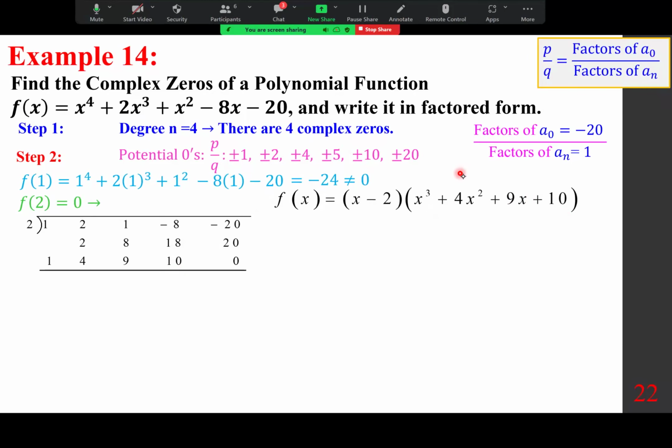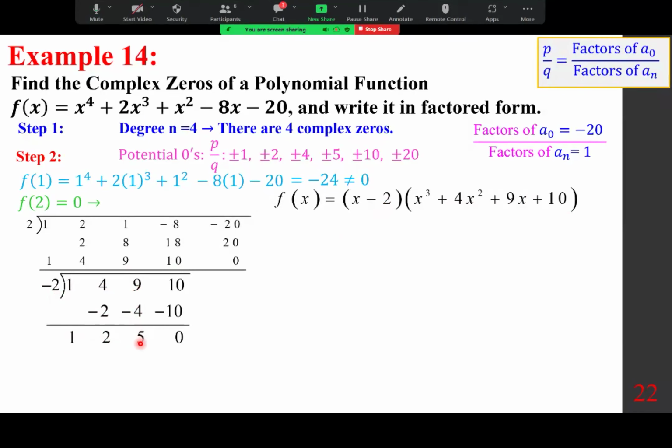Of course, we've already proved the 1 doesn't work. So you really should try the 2 again, see if this is divisible by 2, and it's not. You try negative 2 and it works. And when it works with negative 2, you drop this one times negative 2 and 4 is 2, times negative 2, negative 4 and 9 is 5, times negative 2 minus 10 and 10 is 0.